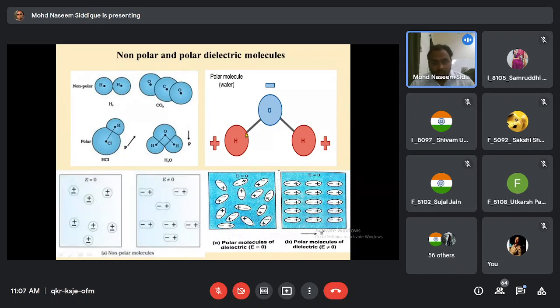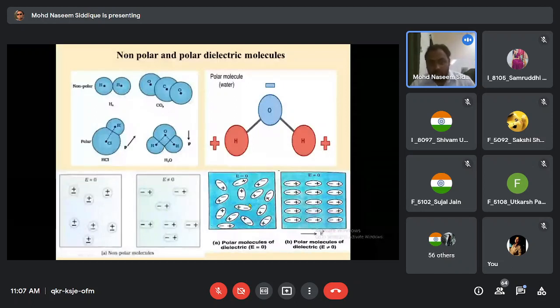Then what is the effect of the electric field on such non-polar or polar dielectrics? If you apply an electric field on a non-polar dielectric material, it shows an induced dipole moment. Hence we consider the polarization as the electric dipole moment per unit volume.